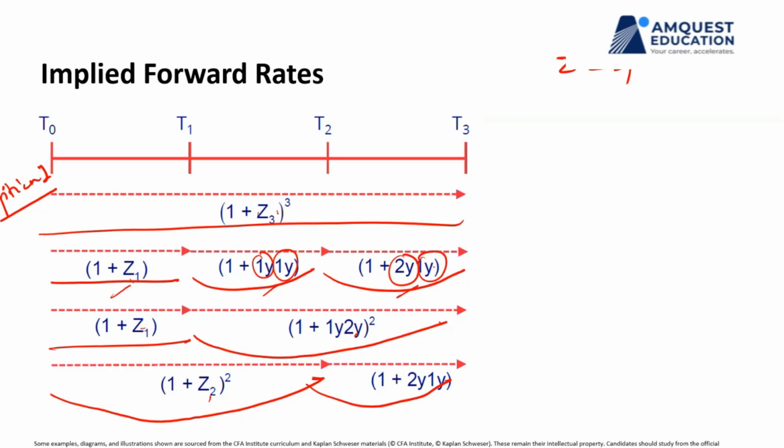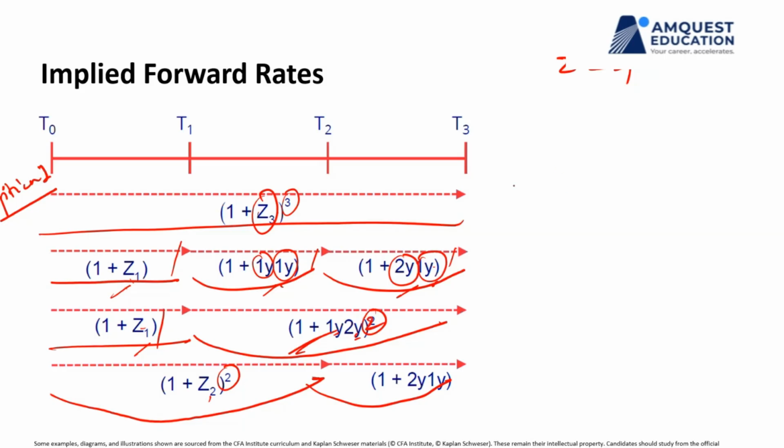You take a 3 year loan today, you take a 1 plus 2 year forward loan, it should be the same. And the power depends on the tenure of the loan. Because you are taking a 3 year loan, 3. In all of these, you're taking 1 year loan, therefore 1, 1, 1. 1 year loan, 1, but after 1 year, 2 year loan, so 2.